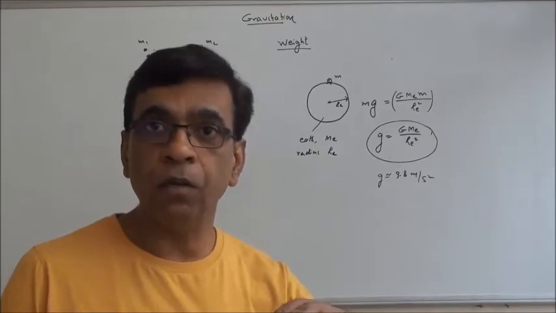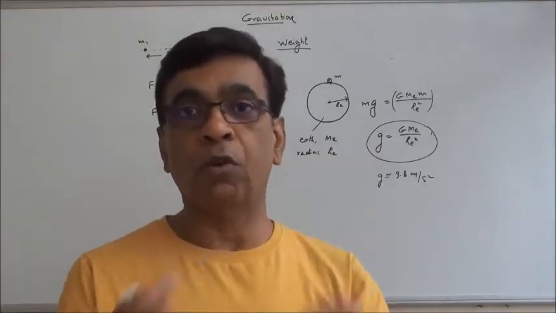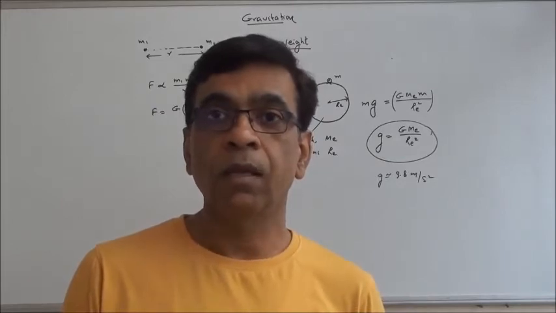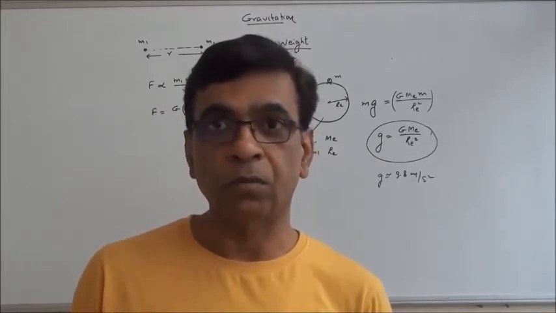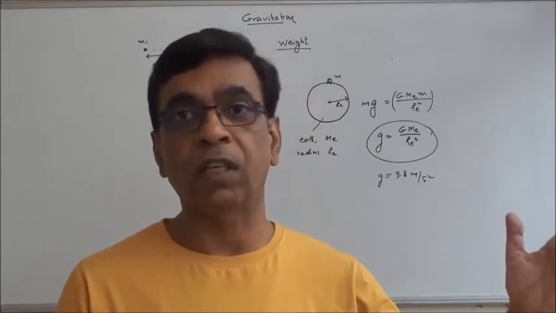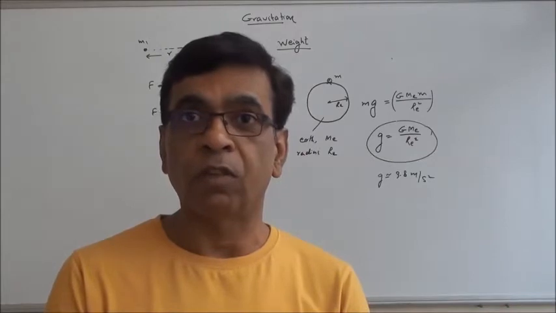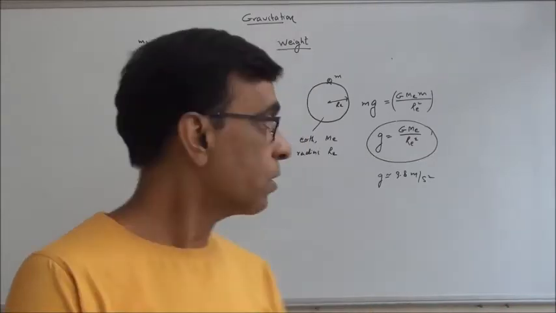If we take into account that the Earth is rotating about its own axis, then there is another force also. This force will provide the centripetal force, and then we can find out the value of gravitational acceleration from there. We will do all those things.